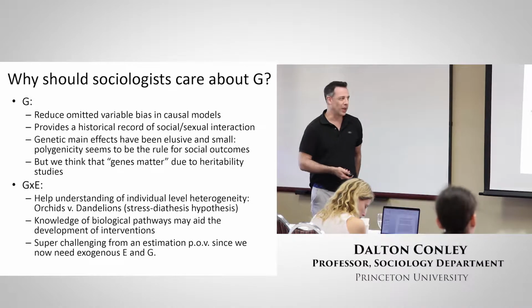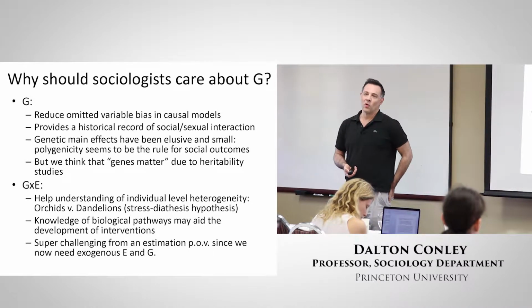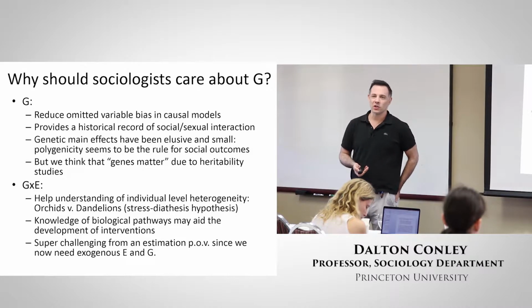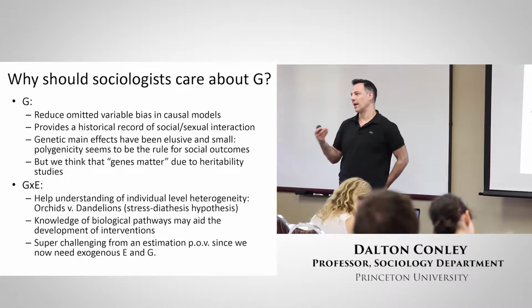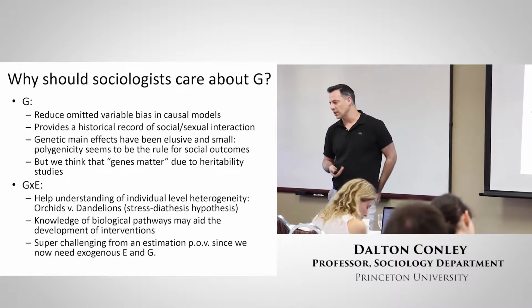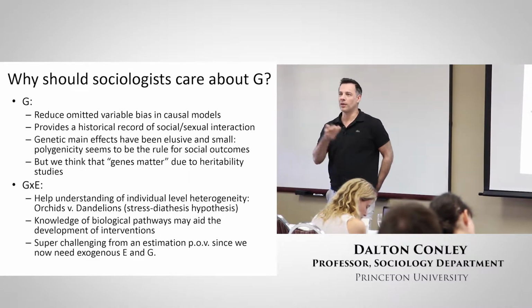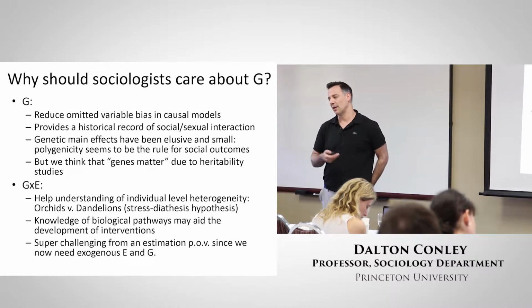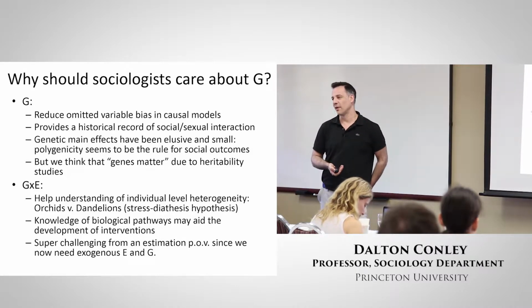So why should we care about it? Dan already mentioned it. We know, especially for things like intergenerational dynamics, that we're transmitting culture and economic investments in our kids and so forth, but we're also transmitting our genotypes, and that means that almost every model that a traditional sociologist has estimated for some intergenerational process has omitted variable bias.